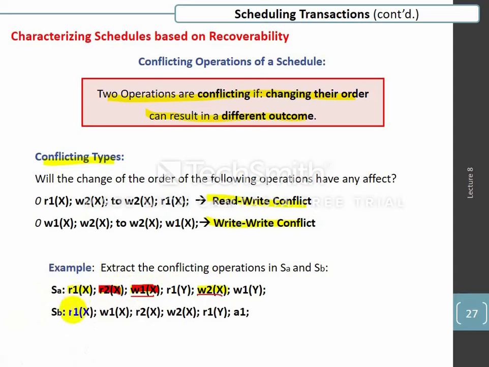Write 1x, we search for read 1x, we search for write 1x. SB, the second example: we have read 1x, we search for write 2x.